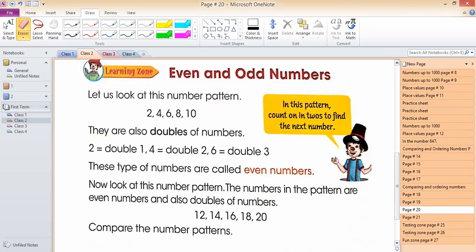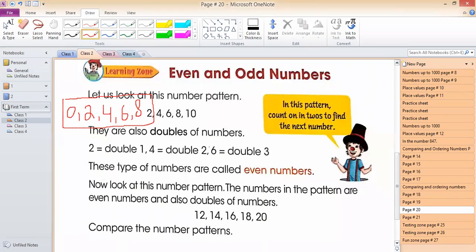How will you identify whether a number is even or not? For that, we learned that you have to check the last digit. If the last digit of any number is 0, 2, 4, 6, or 8, then the whole number will be called an even number.